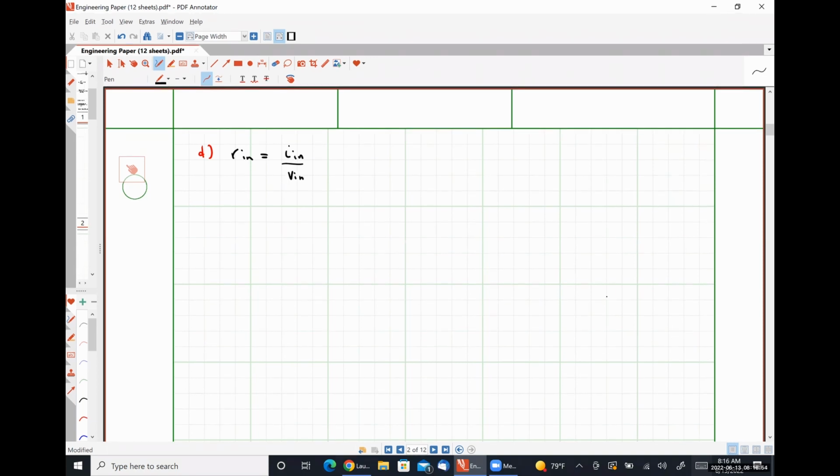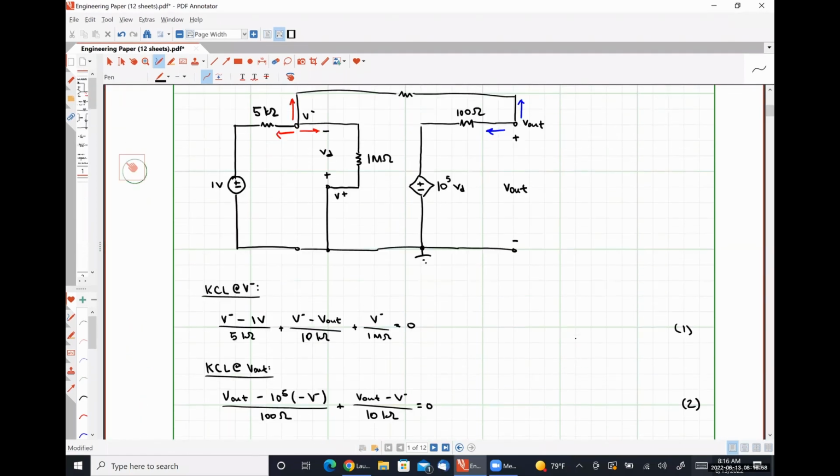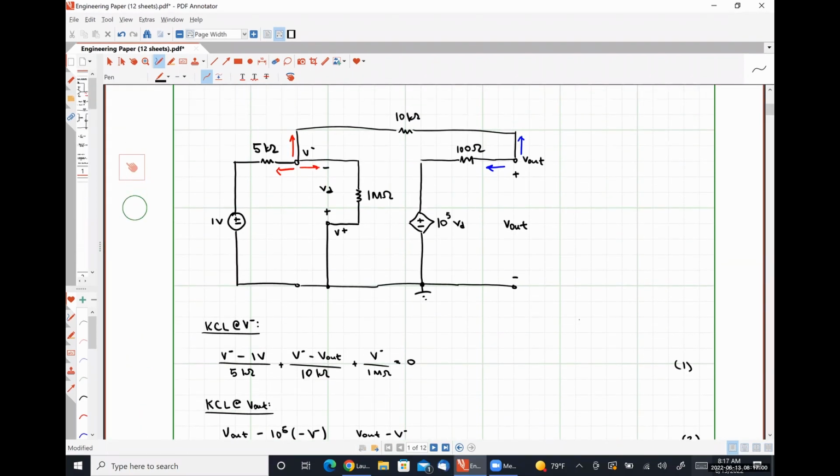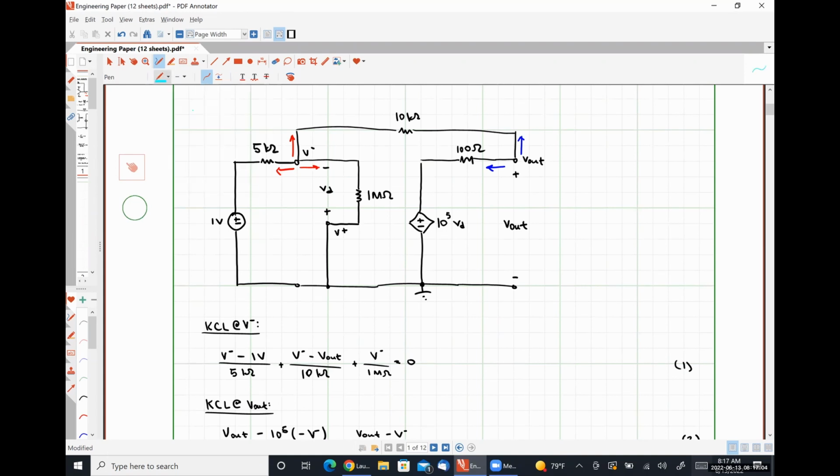So I'm going to scroll back up to our practical model here. Our 1 volt source here is our voltage VN. The current leaving the positive polarity terminal of our 1 volt source is our current IN.